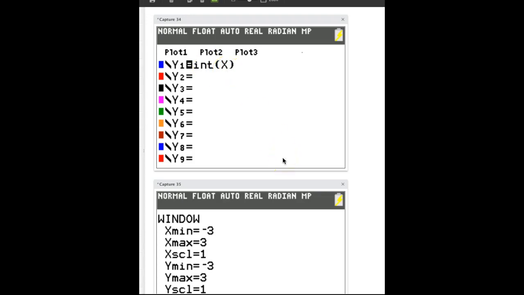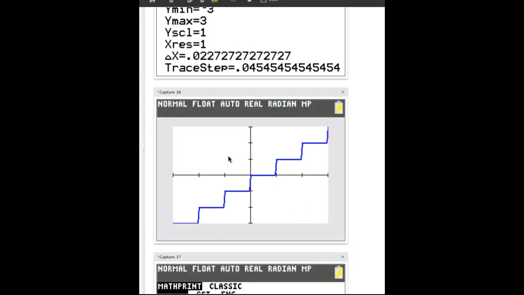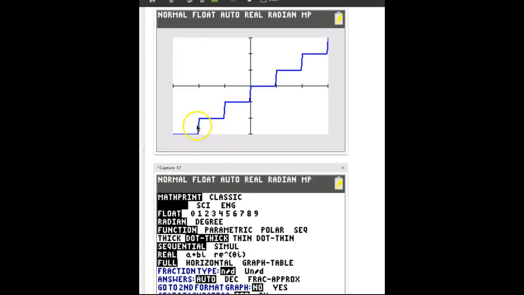Now I gave you a window. If you look on the handout, the window is from -3 to 3 in x and y. Then you can just press graph. What happens when you press graph is that you get those vertical parts to the graph, and there really shouldn't be there. It's just how your calculator does it.